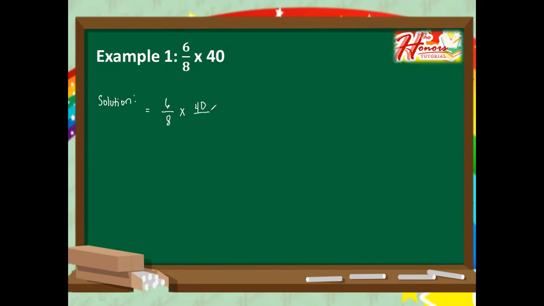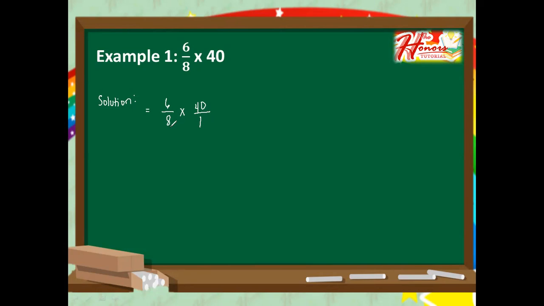Just write 1 in your denominator and then let's do cross multiplication here. For 6 and 1, they are partners, but there's no number that can divide 6 and 1 at the same time without remainder, aside from 1. But we will not use 1. So therefore, we will be proceeding with 8 and 40.